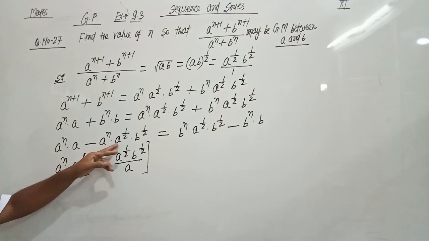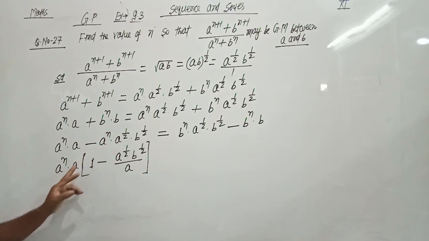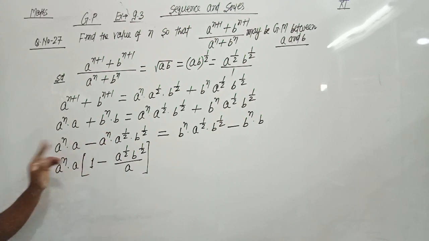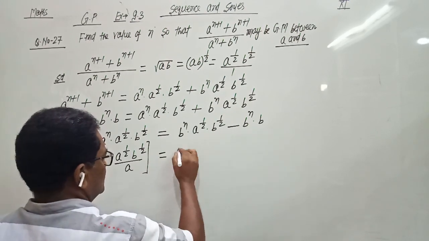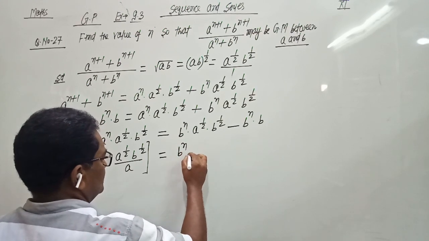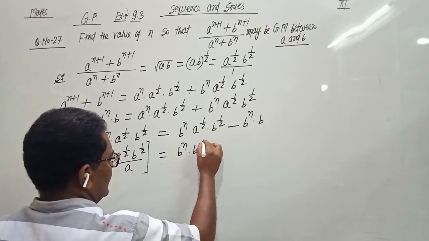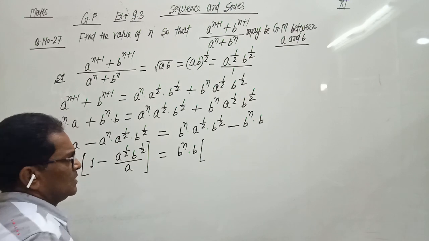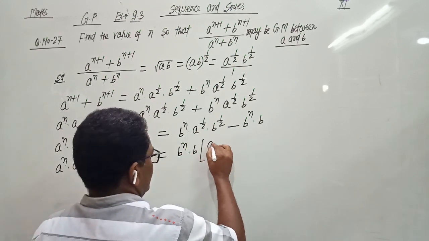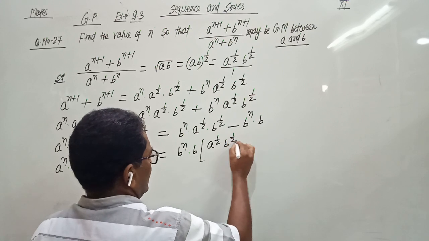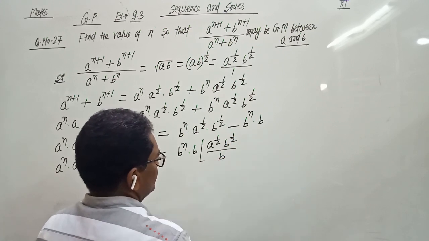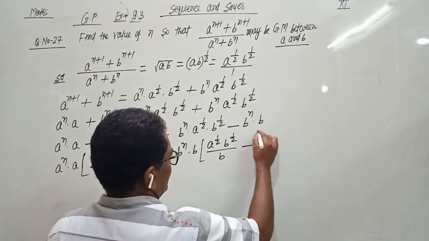Because a we have taken common from this, so we divide by a. a raised to the power n comes outside. Equals, from these two terms we take common b raised to the power n into b. So this comes a raised to the power 1 by 2 into b raised to the power 1 by 2 divided by b and minus 1.